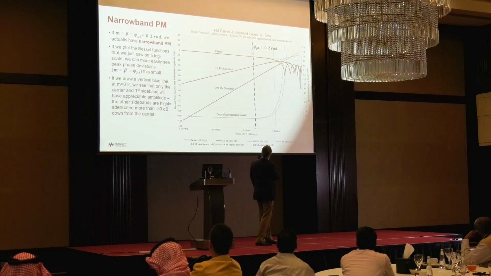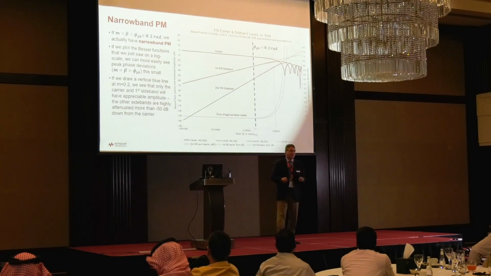The first sideband in this particular case starts at a very low relative amplitude and is still about 20 dB down, or 1/100th the voltage of the actual carrier, up to about 0.2 of a radian. As you get to wider phase deviations, the error term becomes much larger, but up until about 0.2 radians, or plus or minus 14.5 degrees, this approximation holds very nicely. We don't have to worry about calculating all these other sidebands.